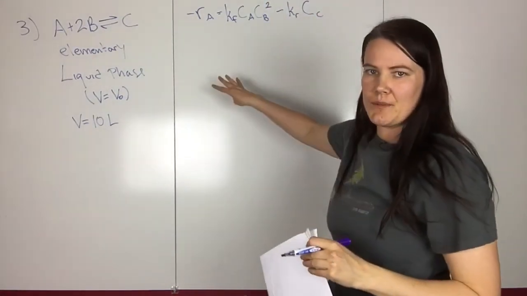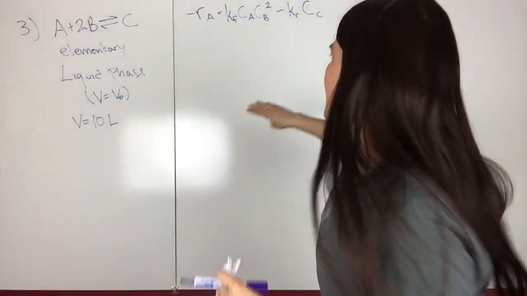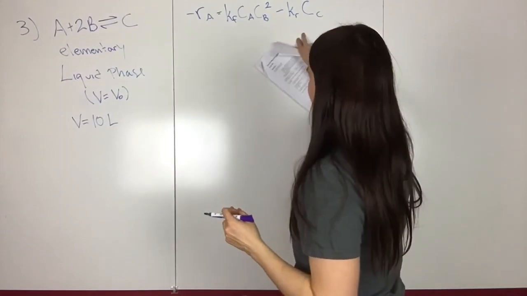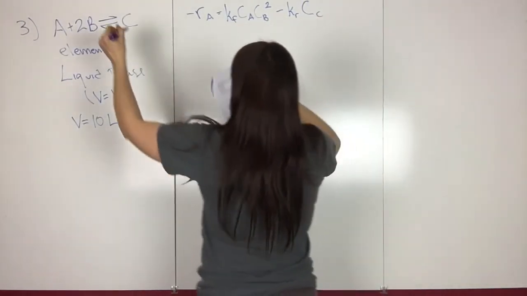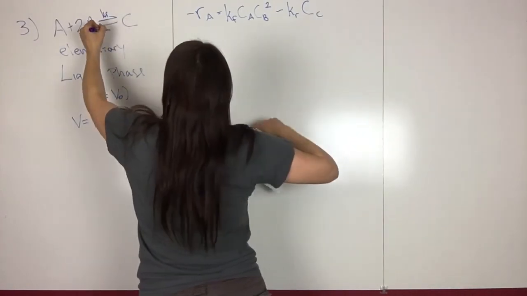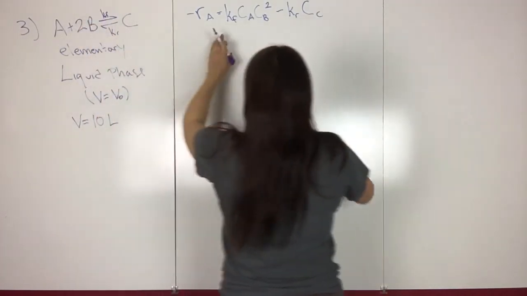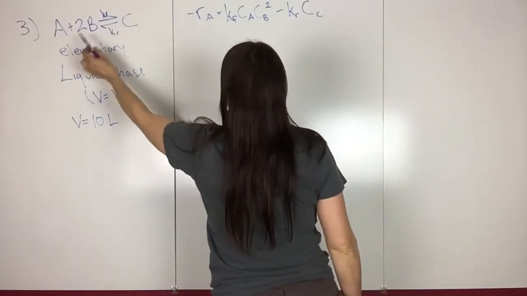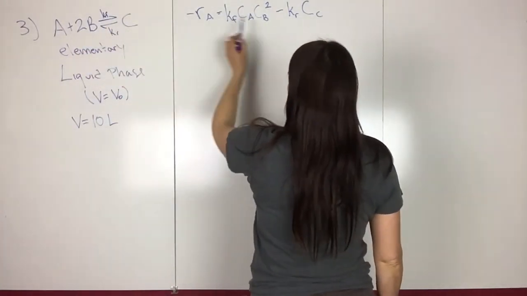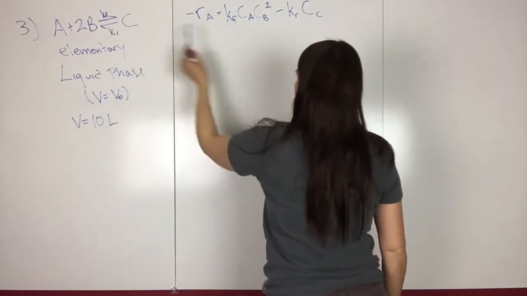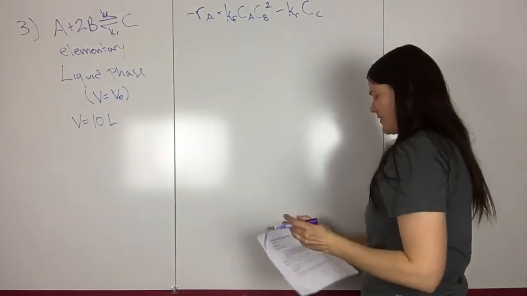And now that we've learned about rate laws for reversible reactions, you should be able to see where this came from. So this rate constant is k forward and then k_R for reverse. And since it's elementary, so we have k_F C_A C_B squared minus k_R and then C_C squared.